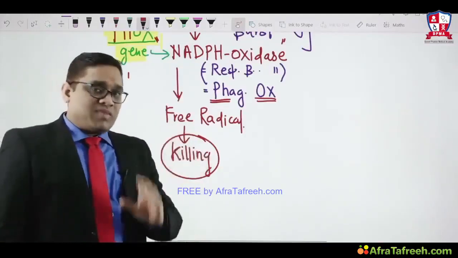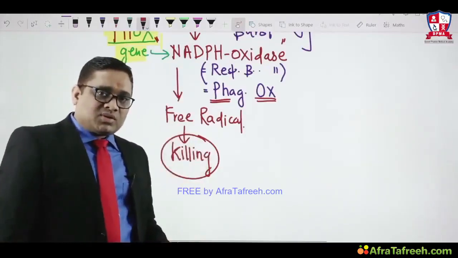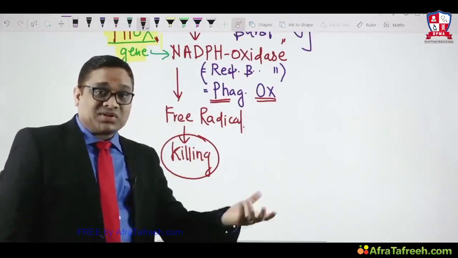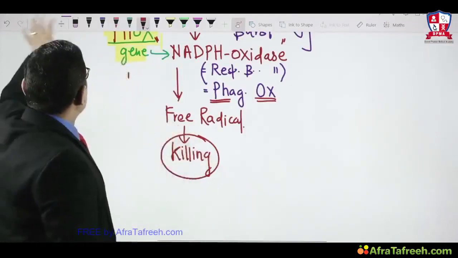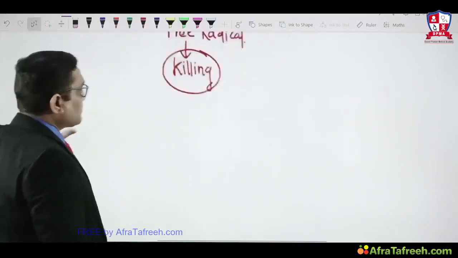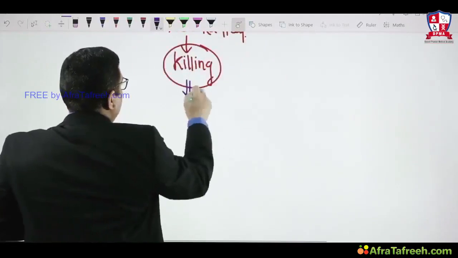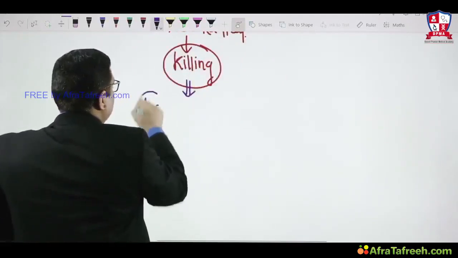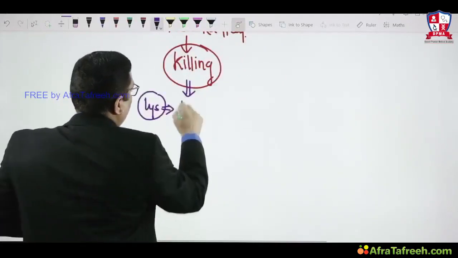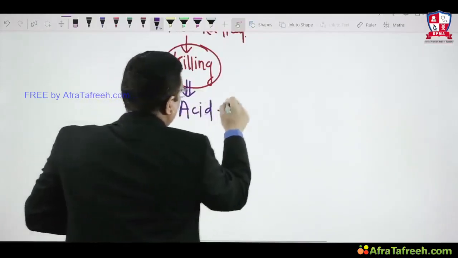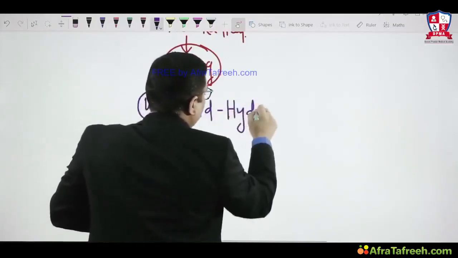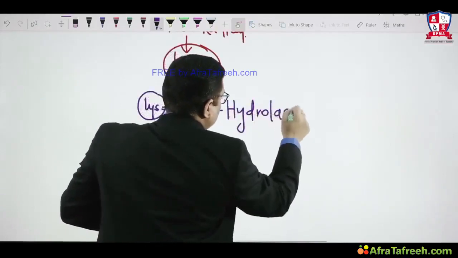So now the dead body of bacteria is still there. So how it will be removed? By degradation, right? So lysosome will be having one more enzyme. So after killing, see this, what I am writing, after killing, there will be lysosomal enzyme, another lysosomal enzyme which is called as acid hydrolases, right?